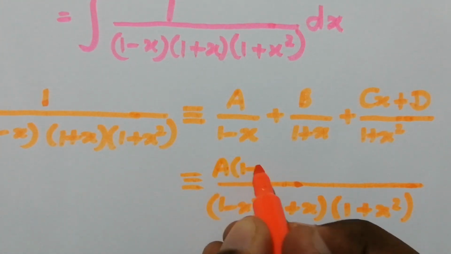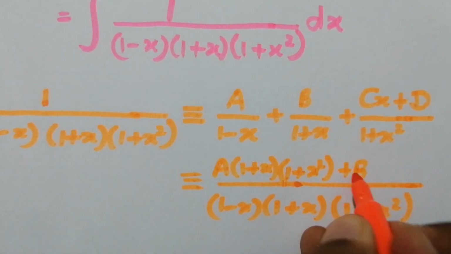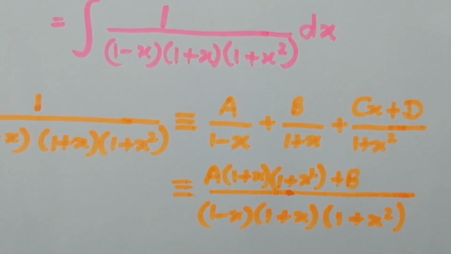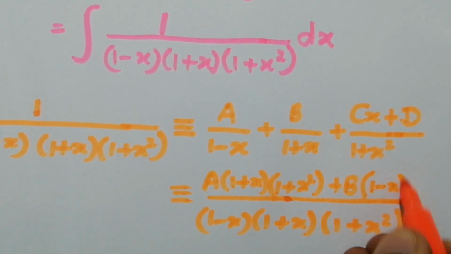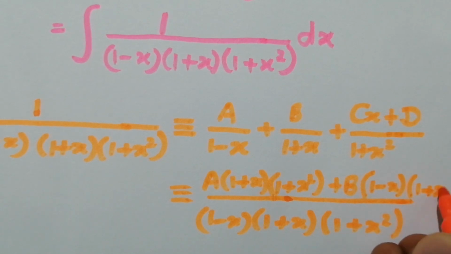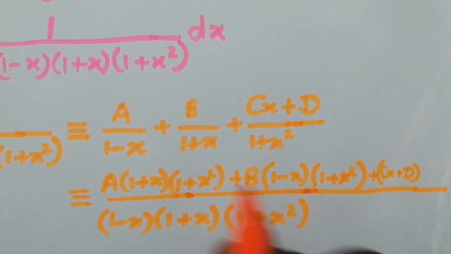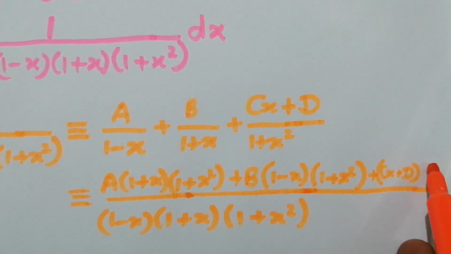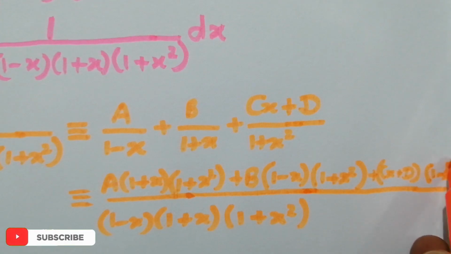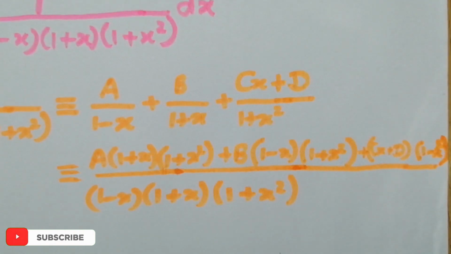Here, a times (1 plus x) times (1 plus x squared) plus b times (1 minus x) times (1 plus x squared) plus (cx plus d) times (1 minus x) times (1 plus x), and here I am writing it as 1 minus x squared, the multiplication of this one.